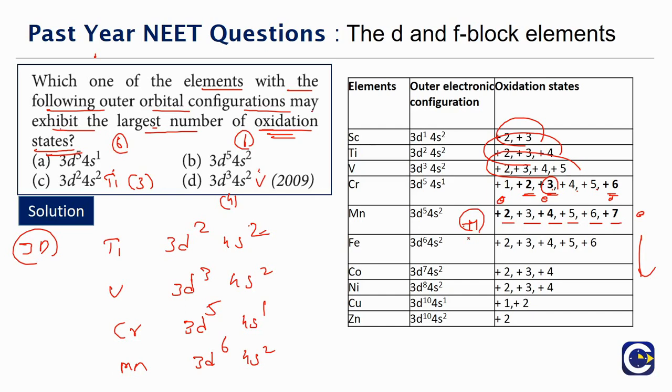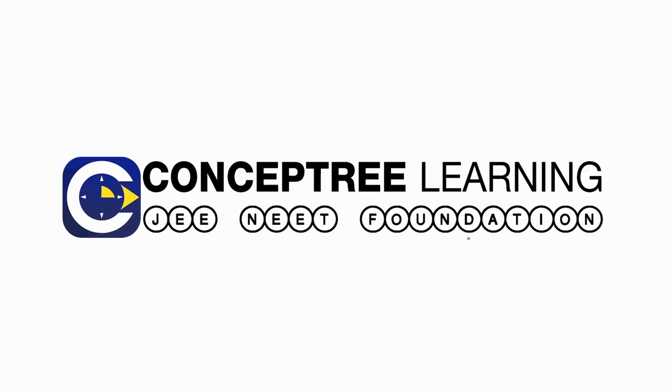But comparatively, we can say manganese can even show +1, which means manganese can have a higher number of oxidation states than chromium. So between the two, we can choose manganese. Clear? So the correct answer for this is option B. So this is about this part of the video, and we'll see in the next part.